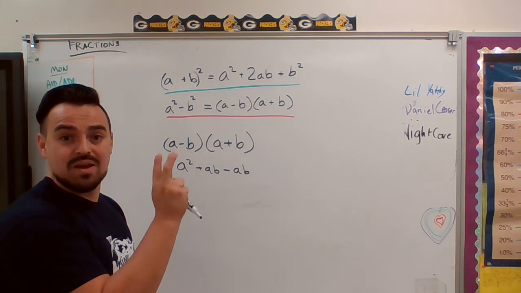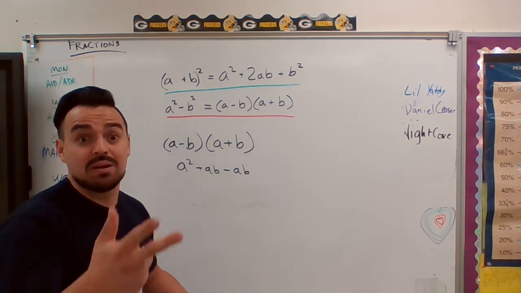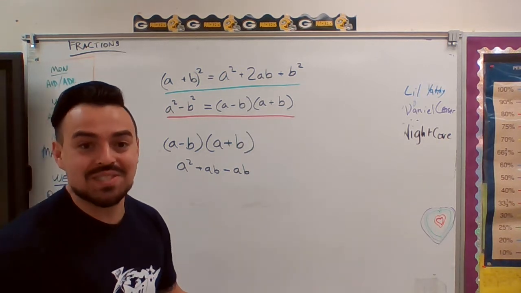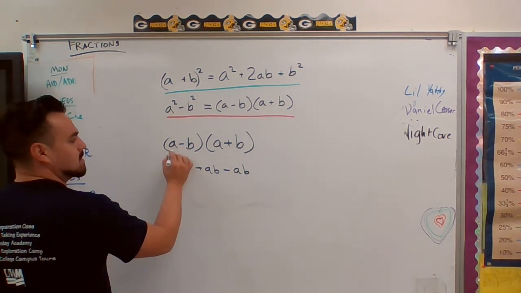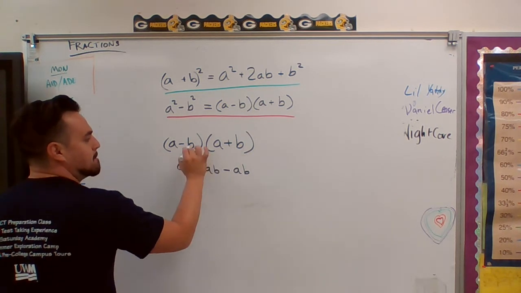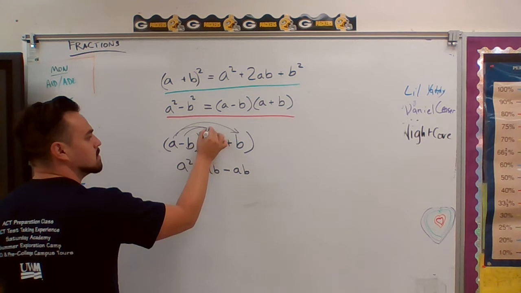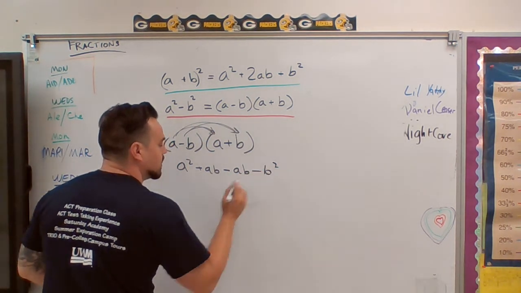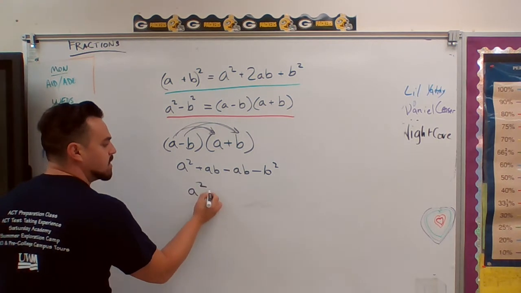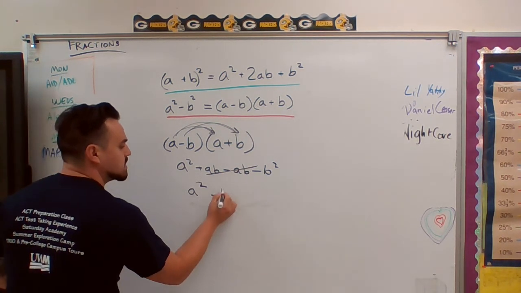Commutative law doesn't matter how you multiply, whether you multiply like that or like that. 2 times 5 is 10. 5 times 2 is 10. Doesn't matter what order you multiply them in. So plus AB minus AB, and then minus B squared.